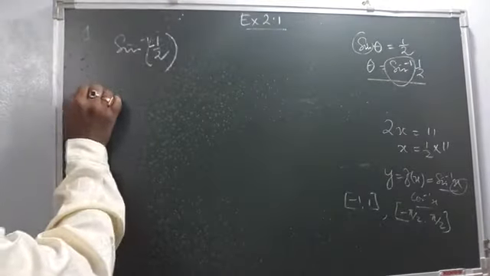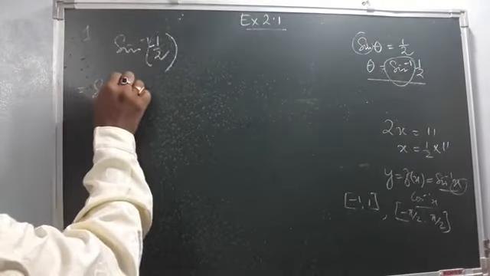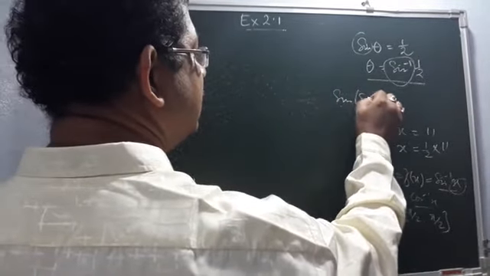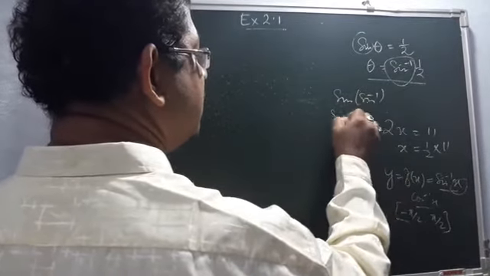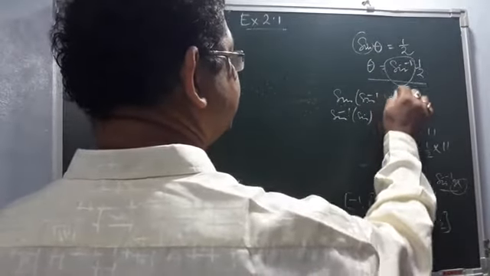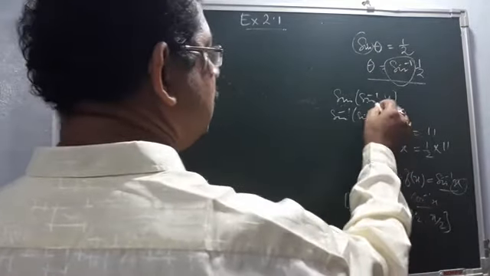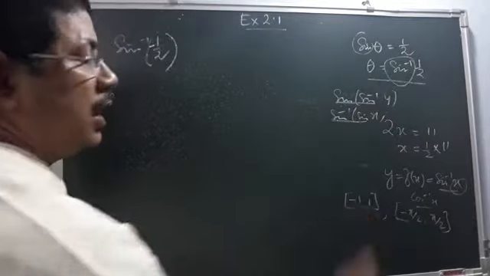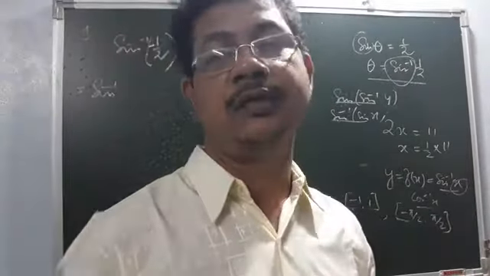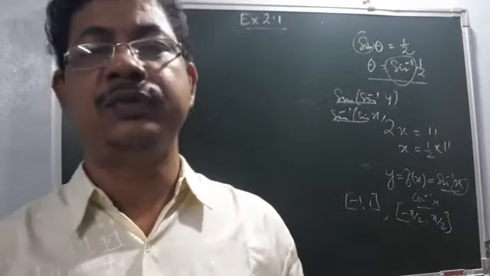Now see the procedure of how to do sine inverse. One thing: sine and sine inverse, if they come together, then automatically these two will cancel each other. Sine inverse is just the opposite of sine, just like base with acid.